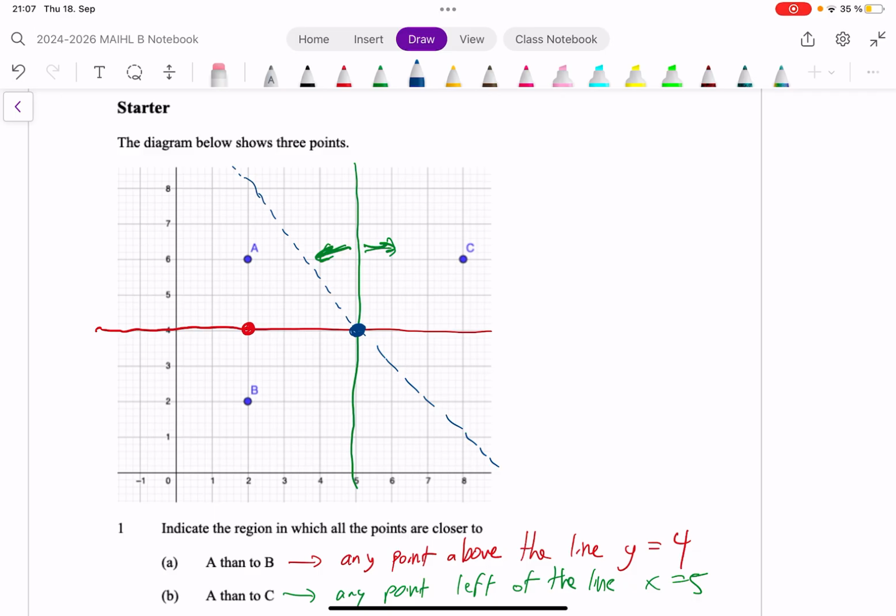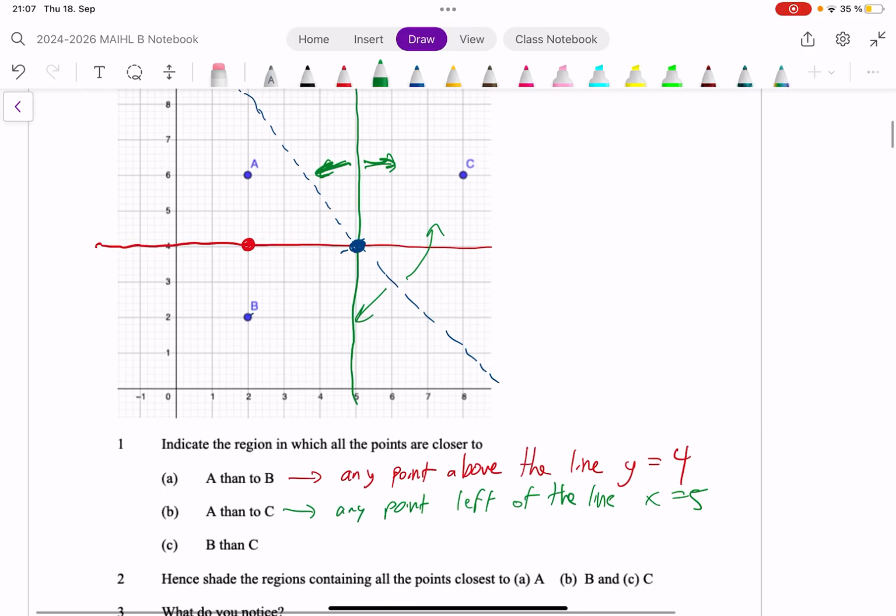Right? And so the way that we will end up finding it is realizing that it's the line that's perpendicular to BC. And so anything above this line is closer to C, anything below this line is closer to B.